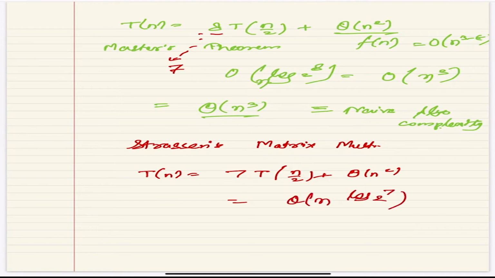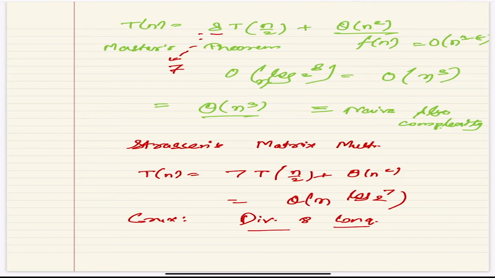Theta n to the log 7 to the base 2. Now this is much better than theta n cube, the naive algorithm. And what was the crux of coming up with this? The main crux is: use divide and conquer. Now we see that just divide and conquer is not giving you a more efficient algorithm, right?